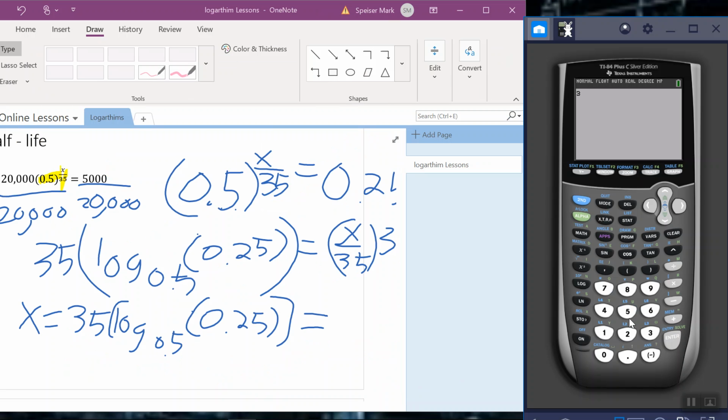So 35 times alpha window option 5 of 0.5 to the 0.25. You get exactly 70.